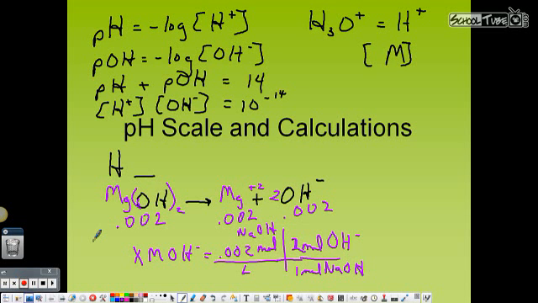Okay? Same thing with the acid. If this were HCl, that's going to yield H plus, or H3O positive, whichever way you want to write it, plus Cl minus. I'm interested in that concentration. So you see there's a 1-to-1 ratio there.